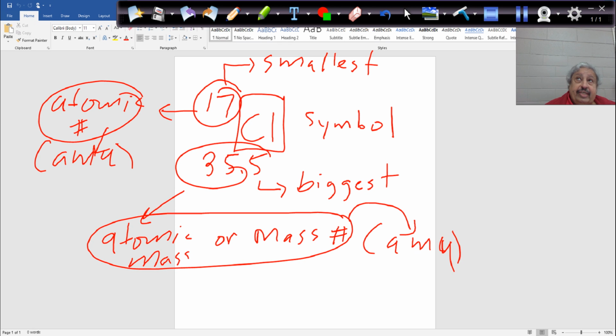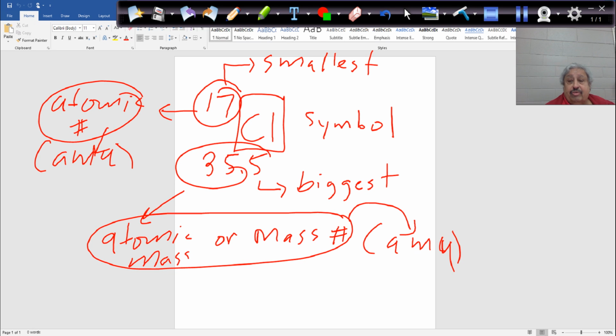And we said each group will contain elements that behave physically and chemically almost similarly. So they have similar physical and chemical properties.